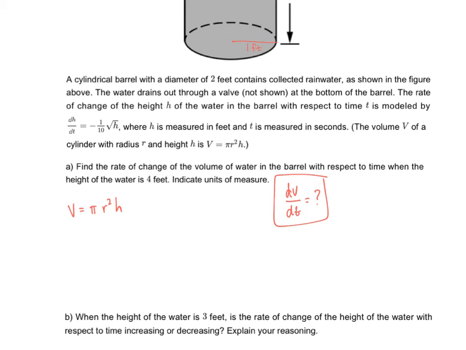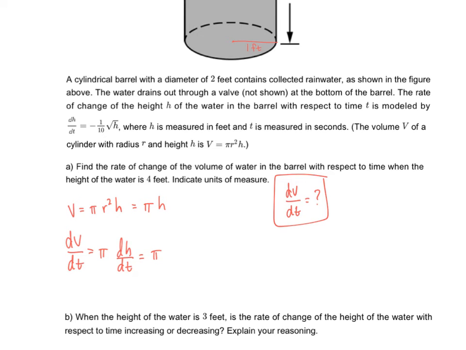Before you take the derivative, you can plug in anything that's not changing. The radius isn't changing, and it's 1 foot, so we can rewrite this as just pi h, since r squared will be 1 and that goes away. Now if we take the derivative, dV/dt is just pi times dH/dt.